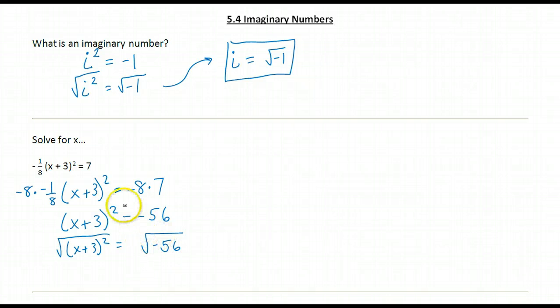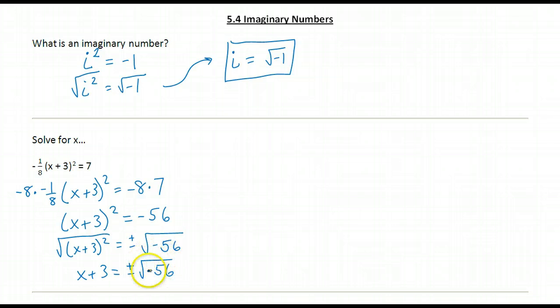And since I added in the square root, I have to remember my plus or minus. Square root and squaring are inverse operations, so I'm left with just x plus 3 equals plus or minus the square root of -56.